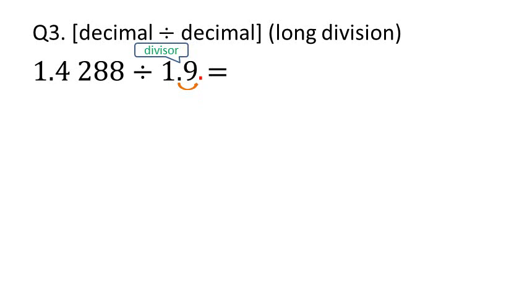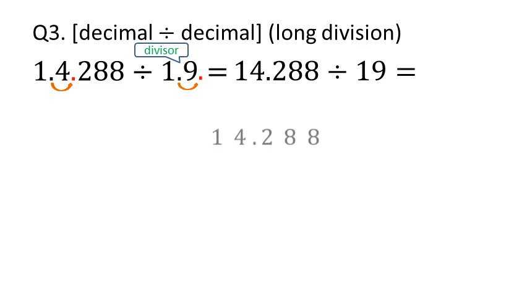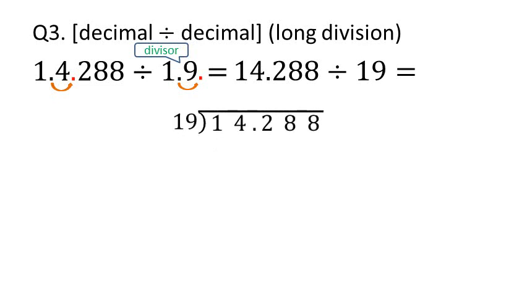We also need to move the decimal point one place to the right for the dividend. So 1.4288 divided by 1.9 becomes 14.288 divided by 19. We calculate 14.288 divided by 19 by long division.